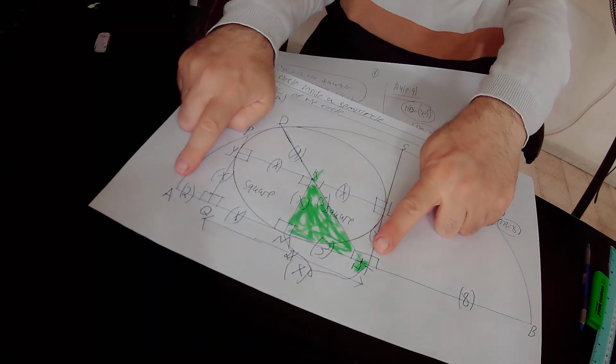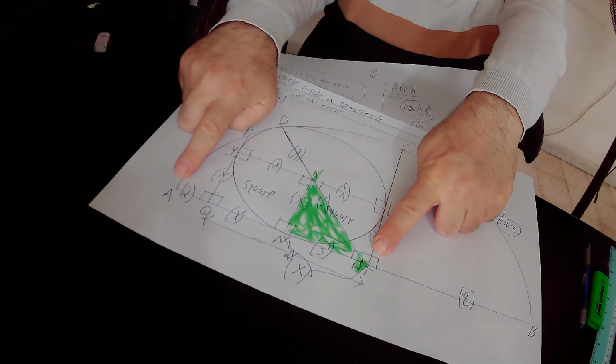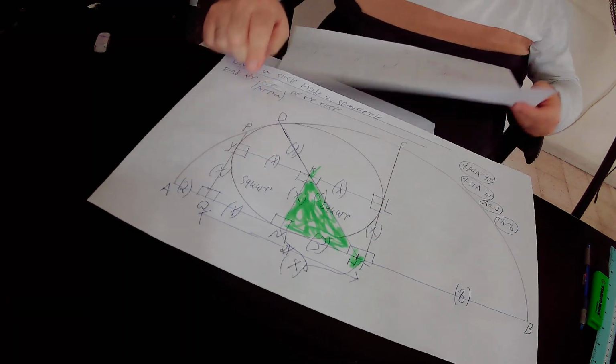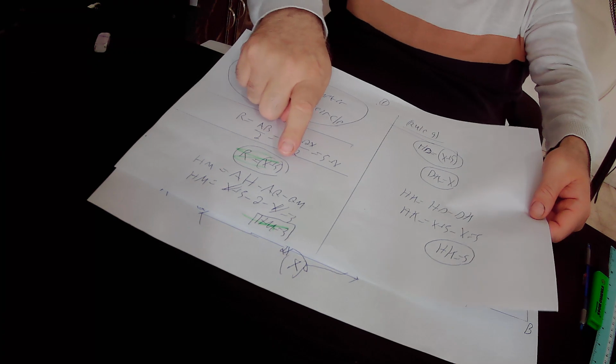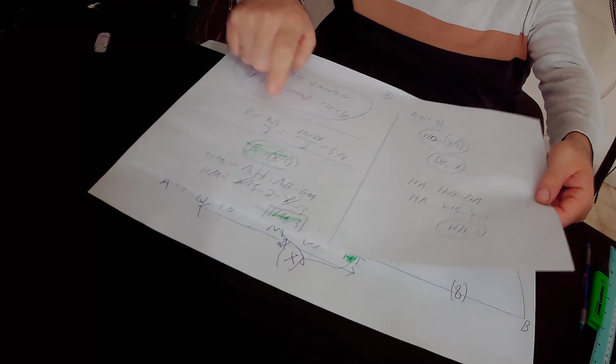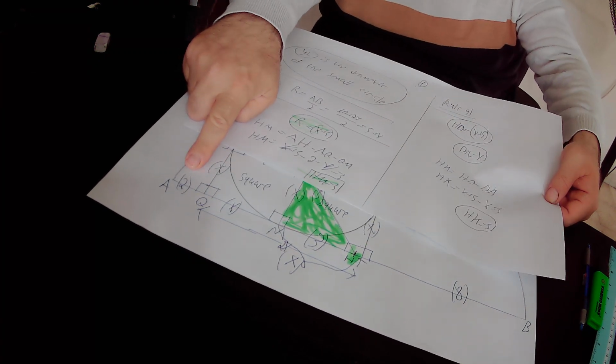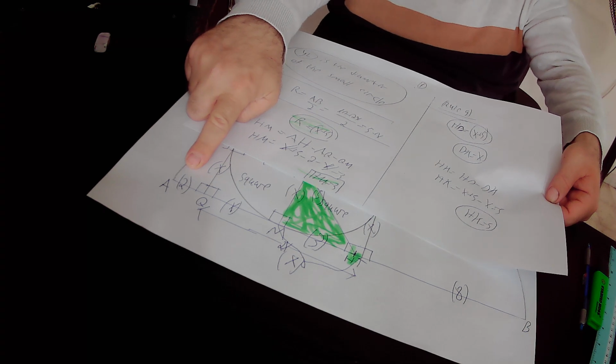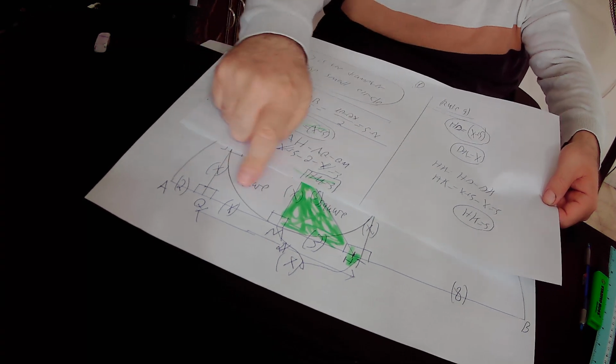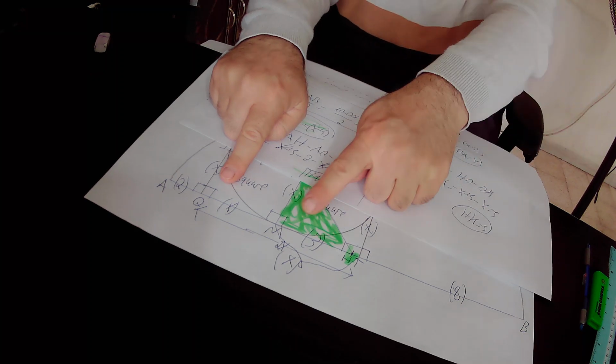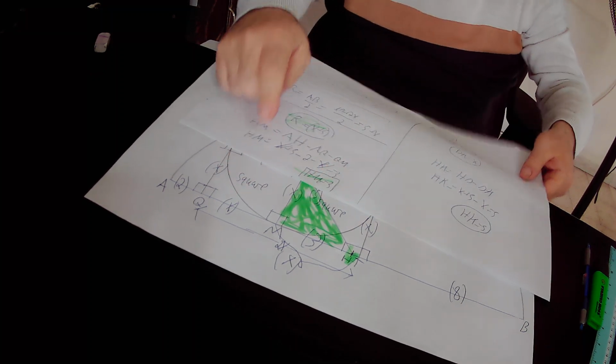AH is the radius of this big semicircle, that equals x plus 5. Minus AQ. AQ equals 2. So it is minus 2 minus QM. QM equals x.